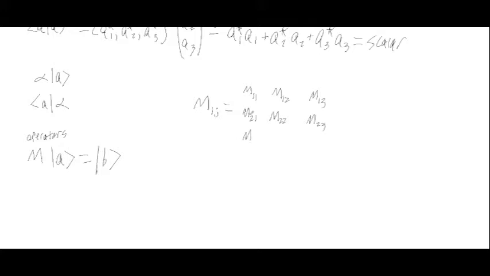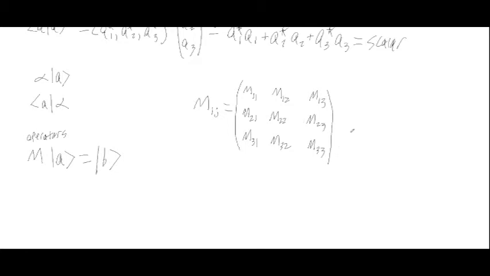Then the bottom, the first number on all of them will be 3: M31, M32, and M33. The first thing you will notice is that on the diagonal is where i and j are equal to each other, and that will be important to remember.